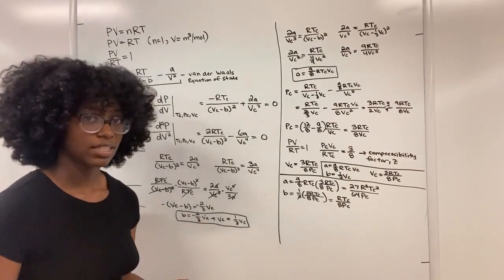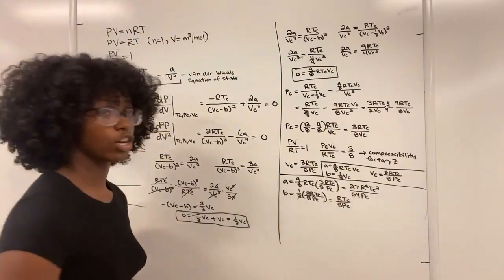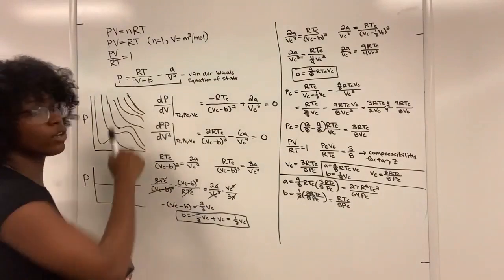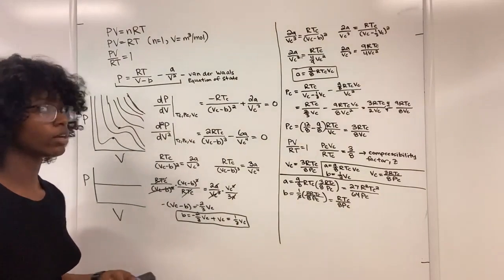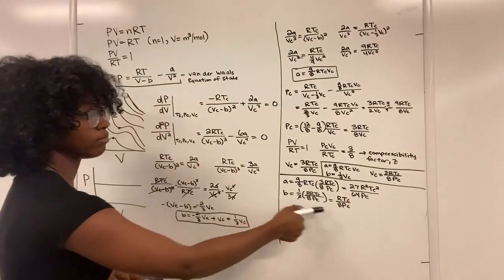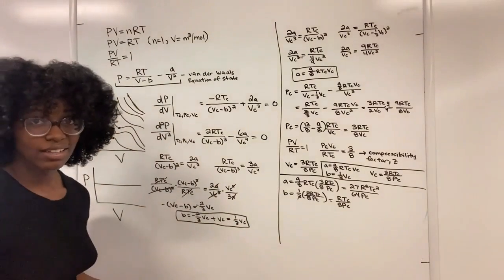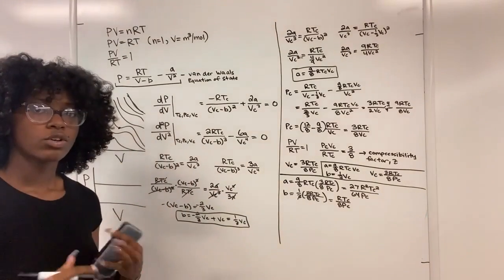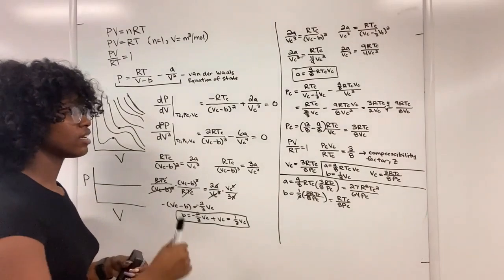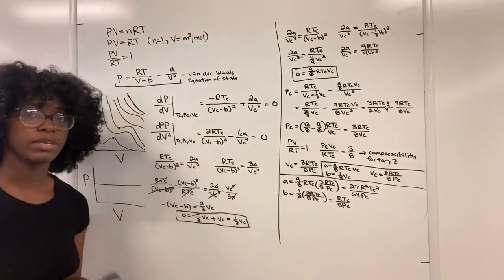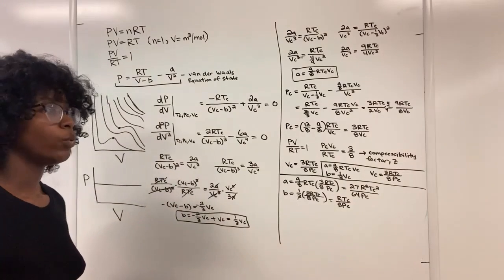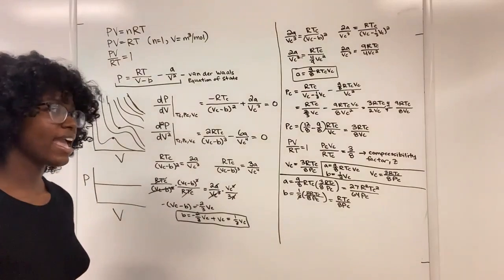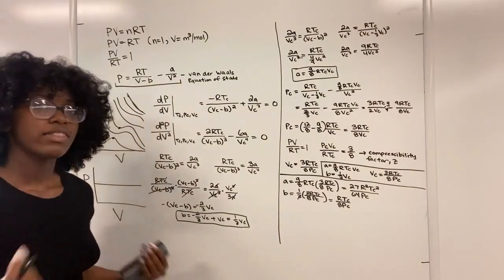And what's good about this is that when we come back to the van der Waals equation of state, we have some volume, which will be a number, and we subtract some number, and we get just some numerical value. The same thing goes for A. So we've essentially done all of the derivation for A and B to be able to make the van der Waals equation of state behave in a similar fashion to the ideal gas law.